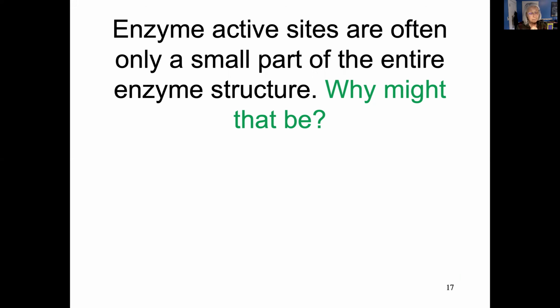There are also parts of enzymes, parts of the proteins, that are required for regulation. And we'll talk about that in a separate video, different ways that enzymes can be regulated. There can be binding of other small molecules to increase or decrease the activity, binding of other proteins, etc. Okay, so those are two of the reasons.